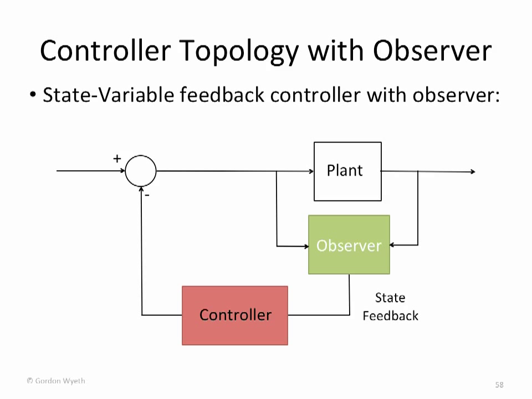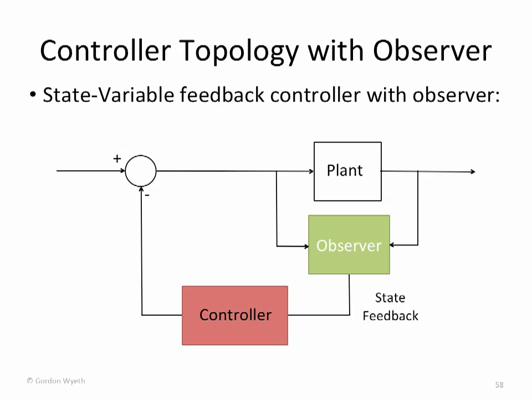You know, it might warm up, friction levels might change, air pressure might change, all sorts of things might change that would affect the parameters of the plant. So I can't rely on my model being accurate. So what I do is I take the difference between the output of the real plant and the output of my pretend plant, my model of the plant, and ideally that's 0, but if it's not 0, I get a difference signal, and I multiply that by a gain, and I push that back into my model to correct it.